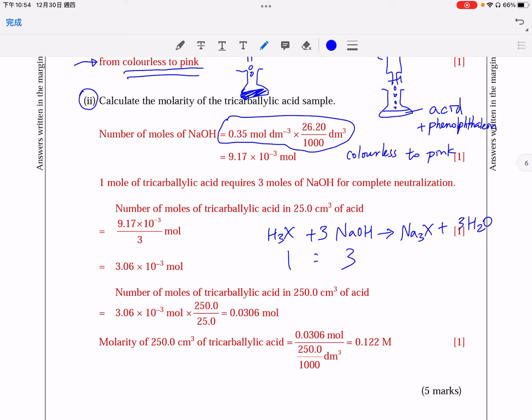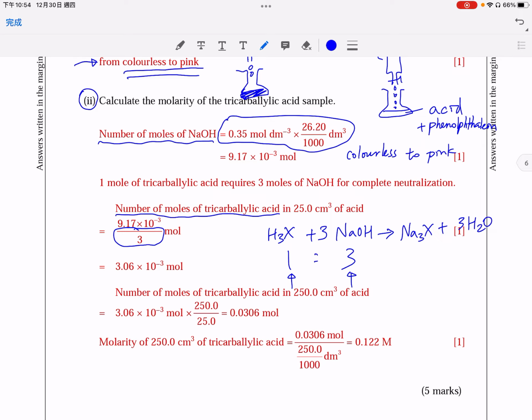So the mole ratio acid to alkali is 1:3 based on this balanced chemical equation. And therefore, from the number of moles of sodium hydroxide, you determine the number of moles of the acid based on this 3:1 mole ratio. You have to divide the number of moles of sodium hydroxide by 3.